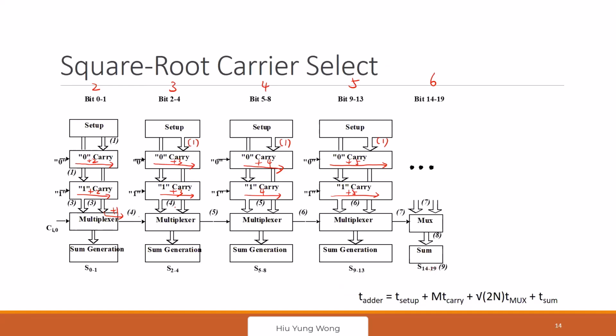How do we do the timing diagram? Everything is similar, except that here will take a longer time. So you can see that if you add the multiplexer together, you will get to this one, square root 2n.